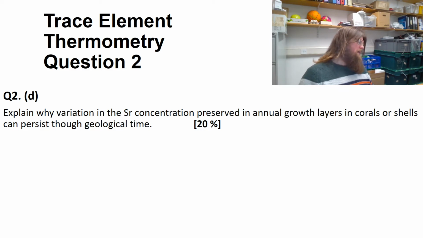And then the last part of this question brings in some of the stuff that we did with diffusion. So why is the strontium concentration preserved in growth layers, in shells, corals? Why does that last? Why doesn't it go away somehow?